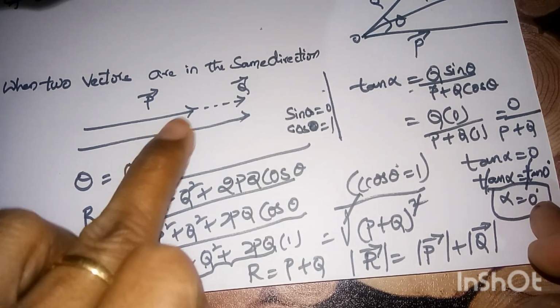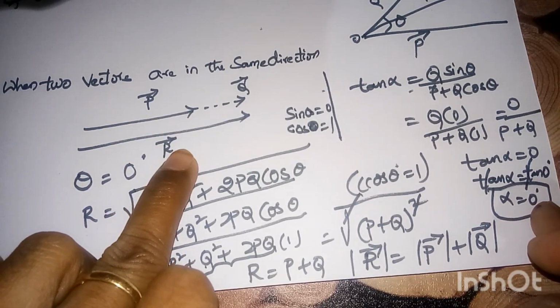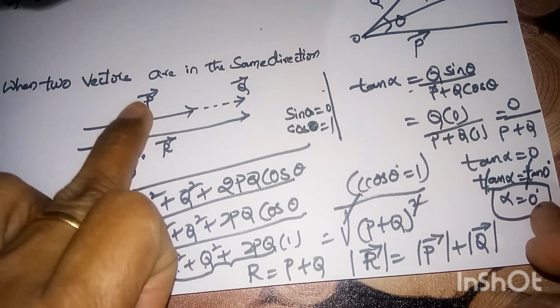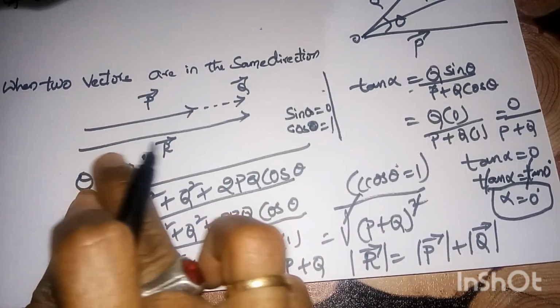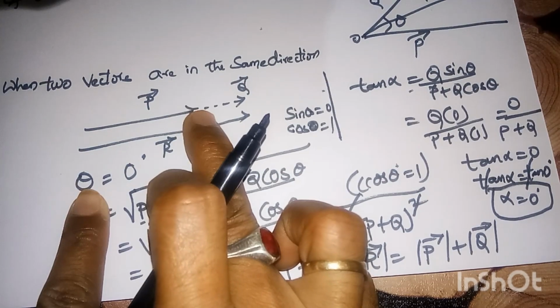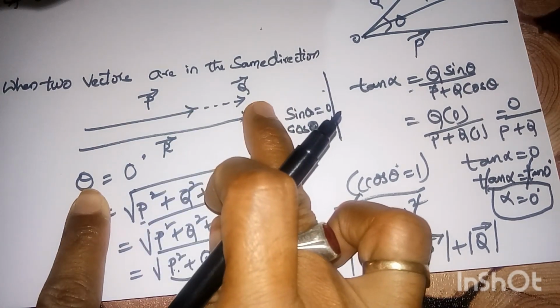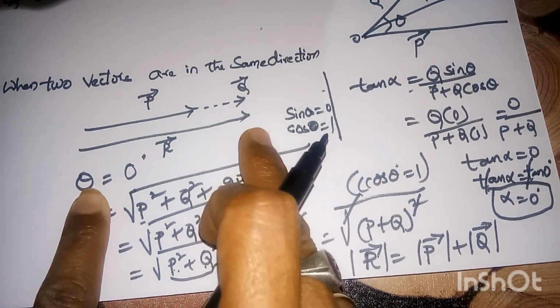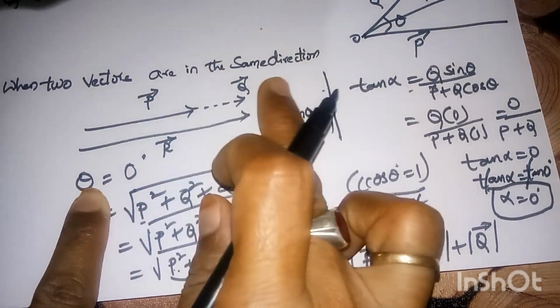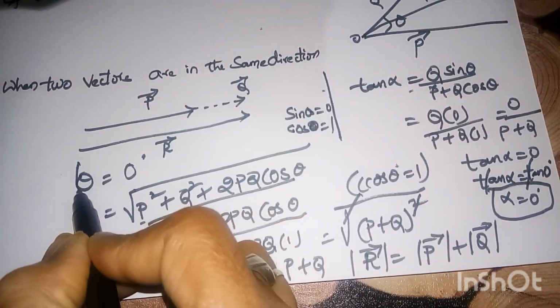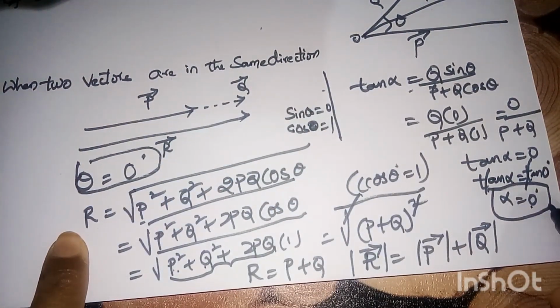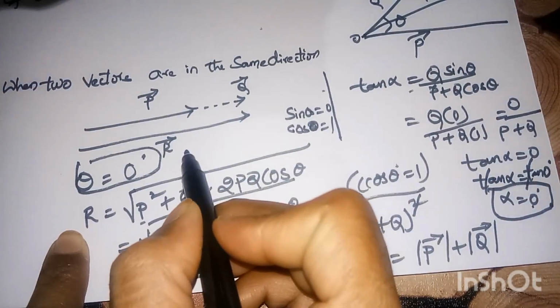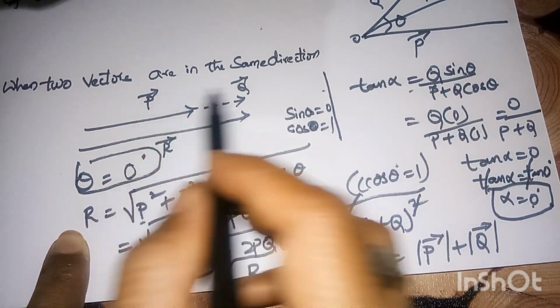Means the resultant vector is also moving along the direction of p bar and q bar. You can see here, p bar is moving forward and q bar is moving forward. The resultant vector is moving along the same direction of p bar and q bar. So we got theta as 0 degrees and alpha as 0 degrees, means the resultant is also moving along the same direction of p bar and q bar.